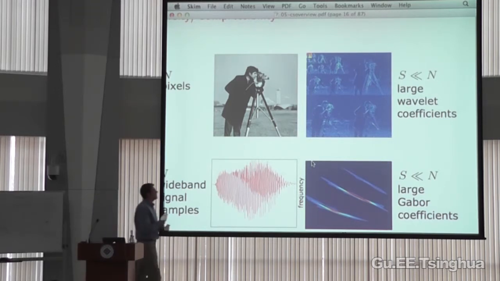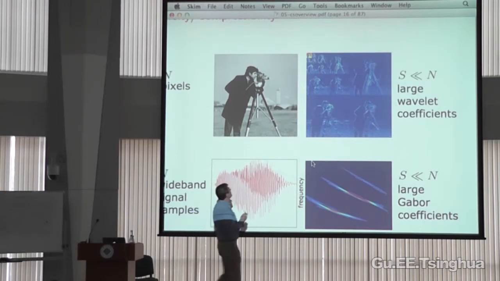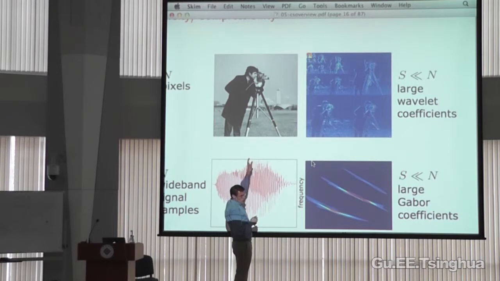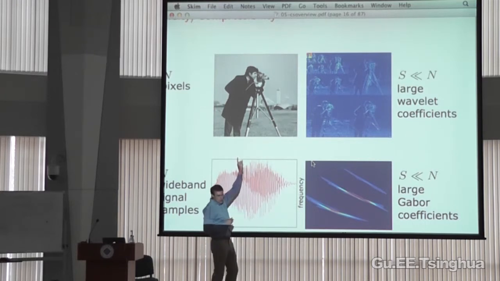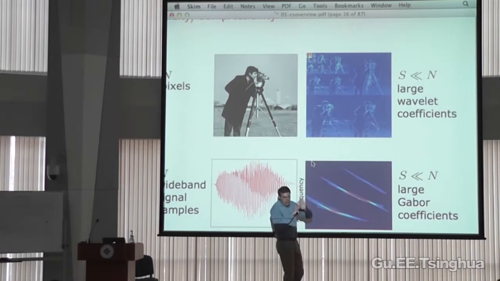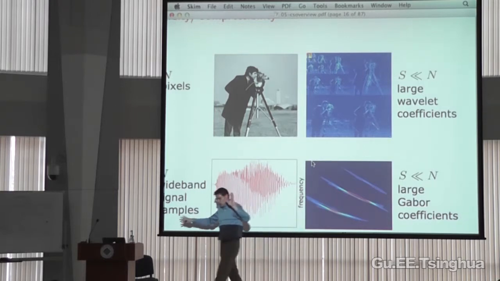Particularly in imaging, when I say this isn't really a megapixel, it's more like 40,000 wavelet coefficients, it's not exactly 40,000. It really takes a million wavelet coefficients to build up this picture exactly, but I get a very good approximation with 40,000.